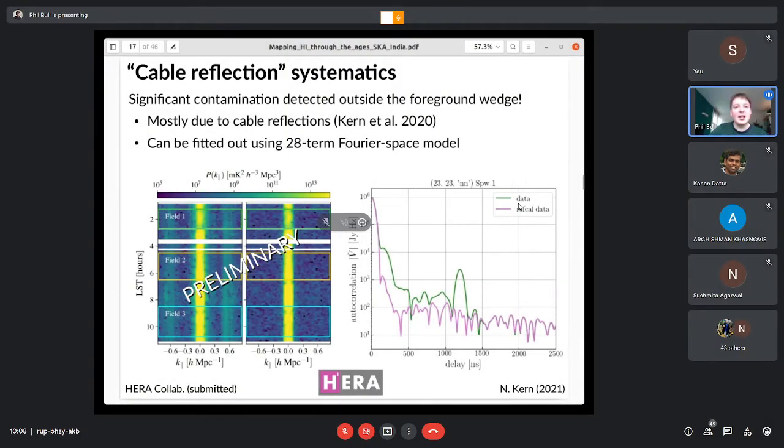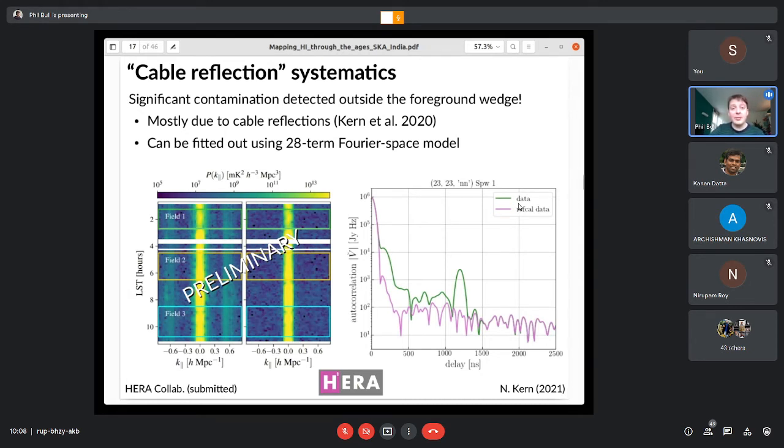And in the middle, you see the bright foregrounds. This is for one particular baseline I'm showing you here. You can see the bright foregrounds, and mostly within this low delay, so low k parallel region, but then you have these faint streaks at k parallel of about minus 0.6 and plus 0.6. There's a bit of structure in there. Those are the cable reflections.